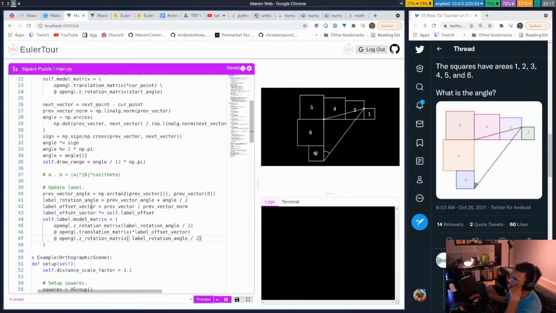That's interesting. I think that's not what I want. Pre-vector from here, the next vector.